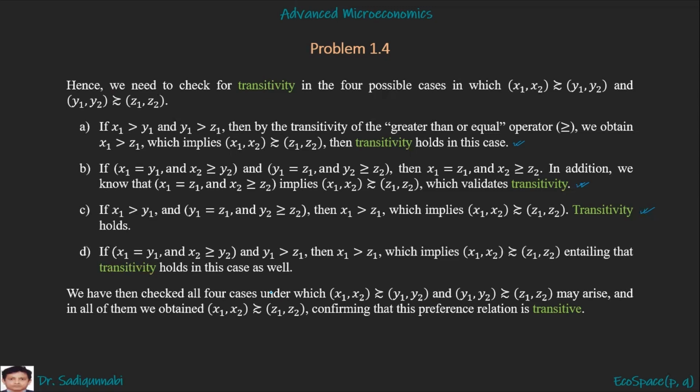We check all four cases under which X is preferred over Y is preferred over Z. In all four cases, we obtained X is preferred over Z. That confirms that the preference relation is transitive.